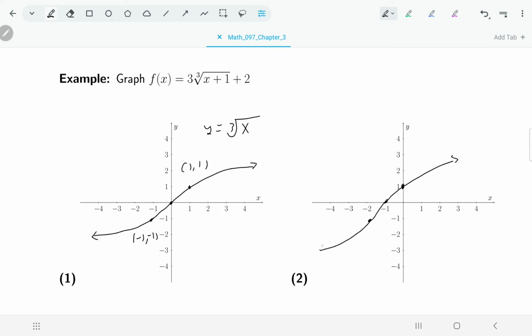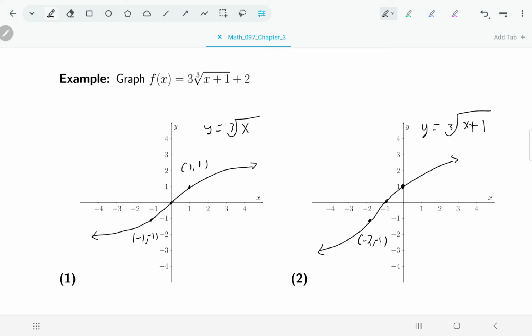So 1, 1 shifts over to 0, 1, 0, 0 shifts to -1, 0, and then -1, -1 shifts over to -2, -1. And that would be cube root of x plus 1.